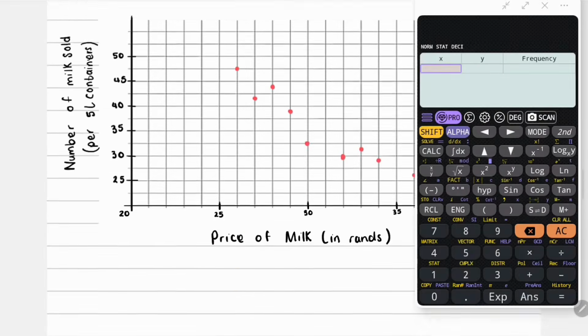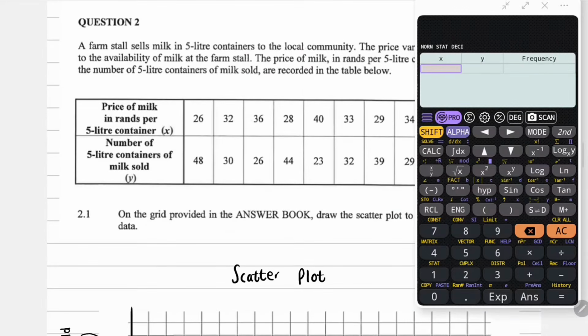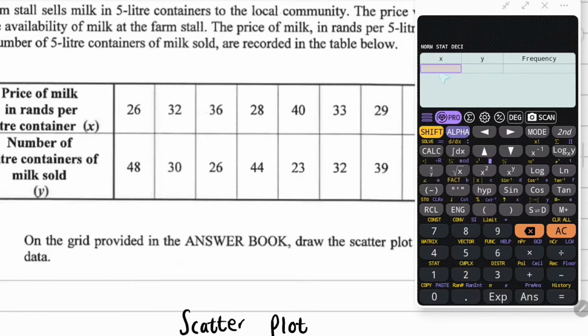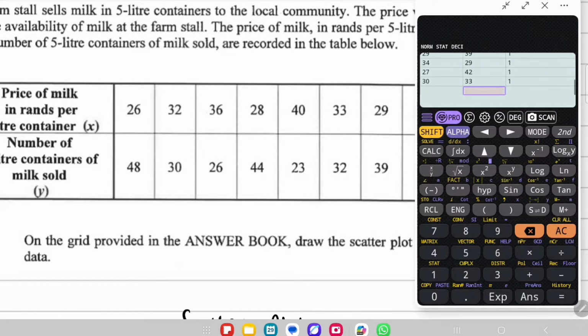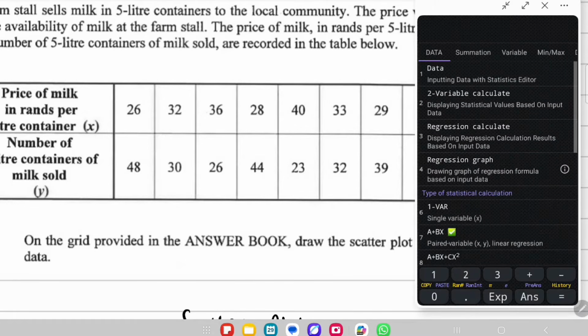Okay, and we're going to put down our data as we have it here. So the x values go to the x column and y's go to the y column. Once the data is all put in, we're going to press AC, Shift 1, and then go for the option that says regression, REG. So that's option 5 on the Casio calculator.